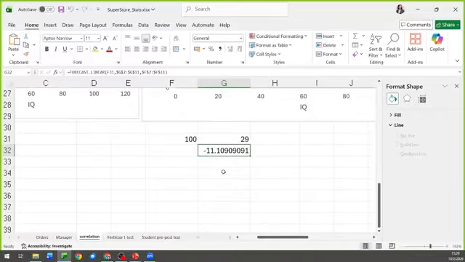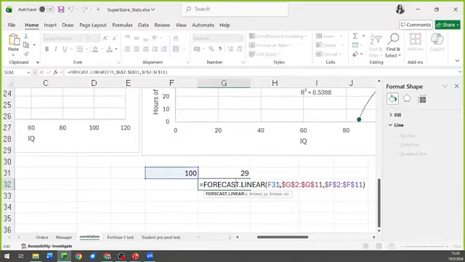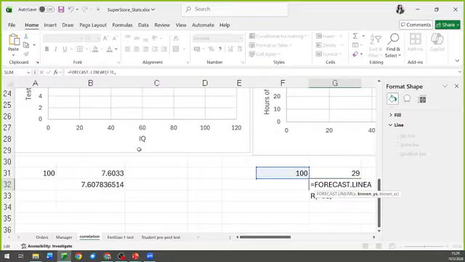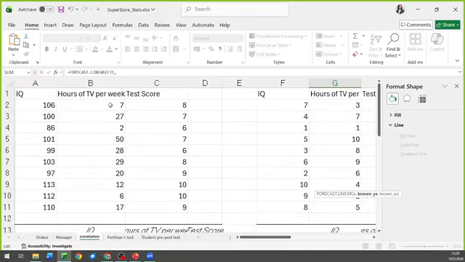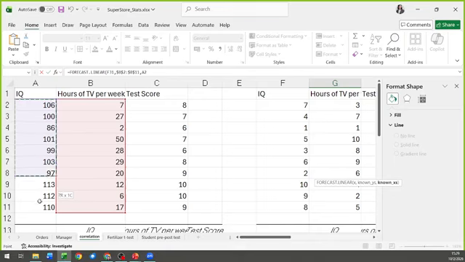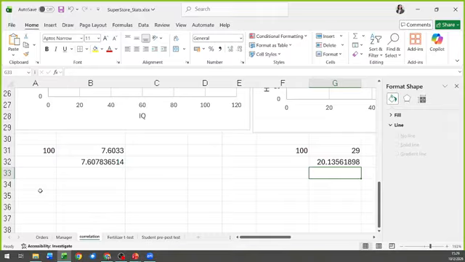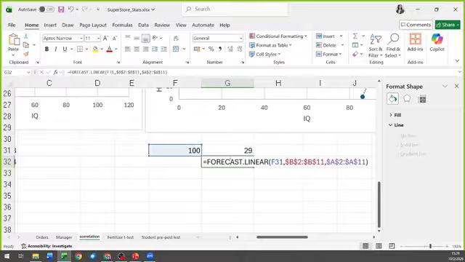It should be the raw data, not the Spearman rank data. Okay, sorry. This should be known Y here. Known X is here. Okay, 20. Sorry about that.